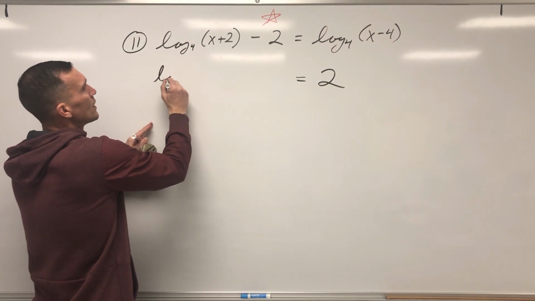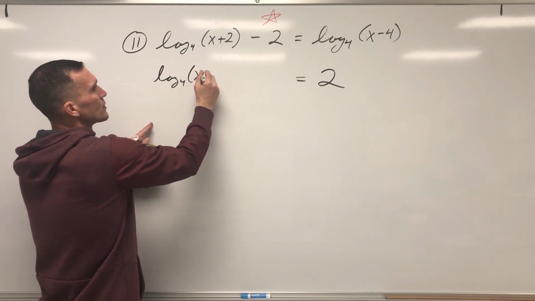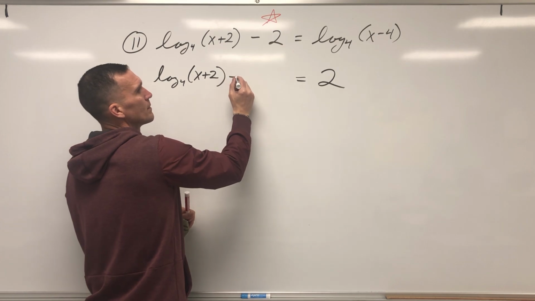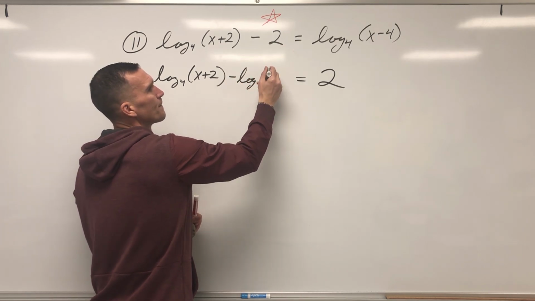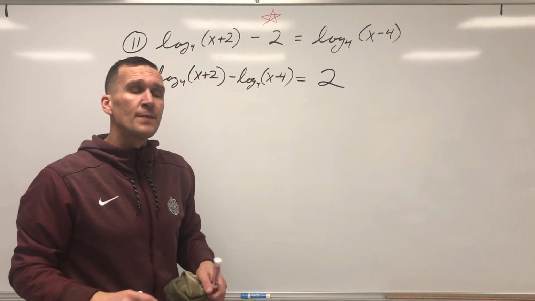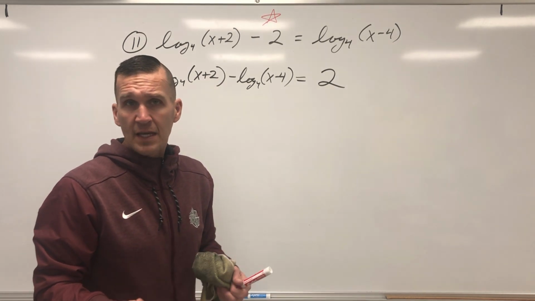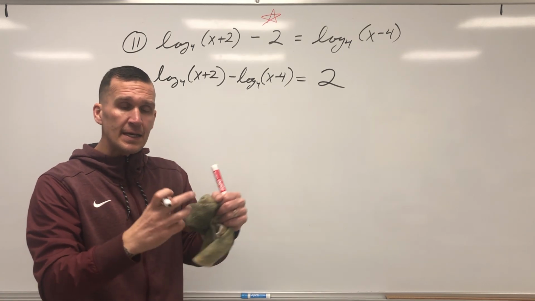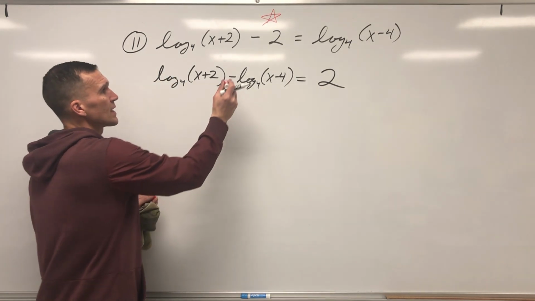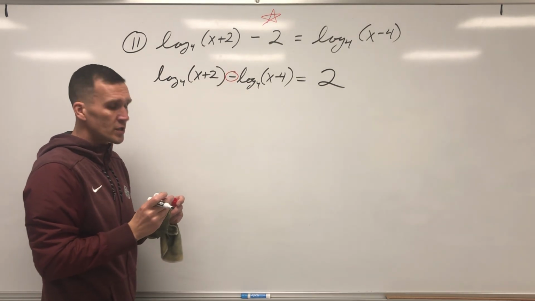So I keep the log base 4 of x plus 2, but I have to minus this logarithm to the left side. And I realize I cannot use a rule yet. The reason why I can't use a rule is I don't have a single logarithm. We always need to condense to get single logs before we do anything. So I look at this and I realize it is the quotient property.